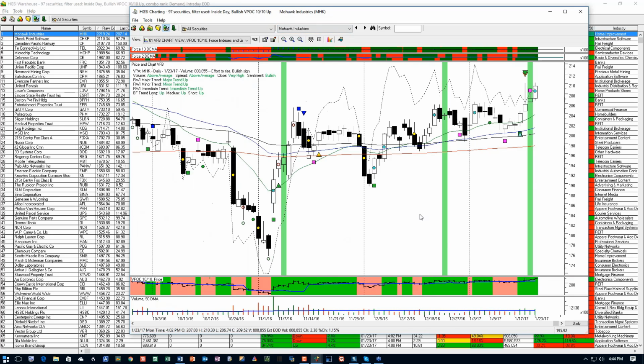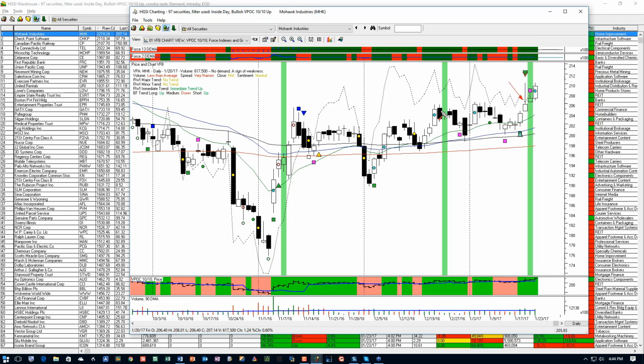But this was an inside day, and when the high is taken out, that is an entry point, and your stop would be just below the inside day. I call it an inside day because it's inside the range of the prior day's candle. Now this one didn't work out, but you may have taken it.